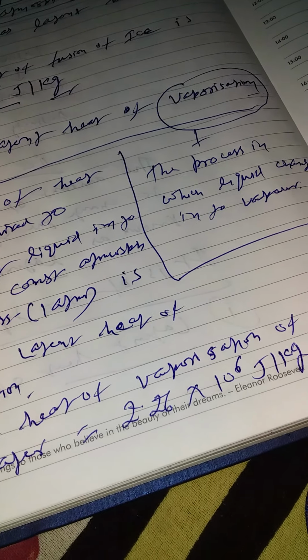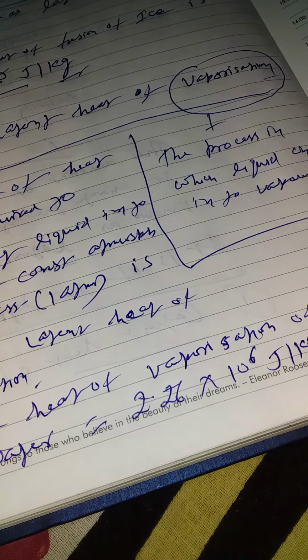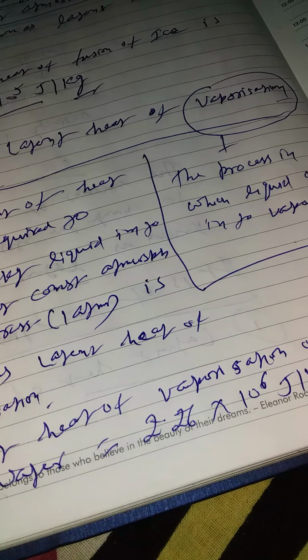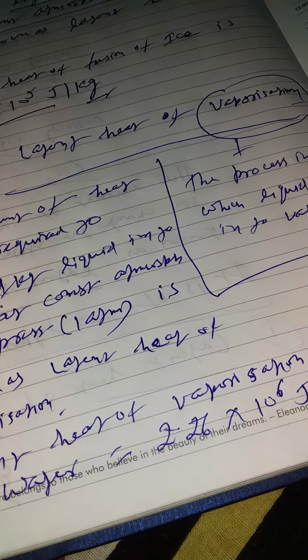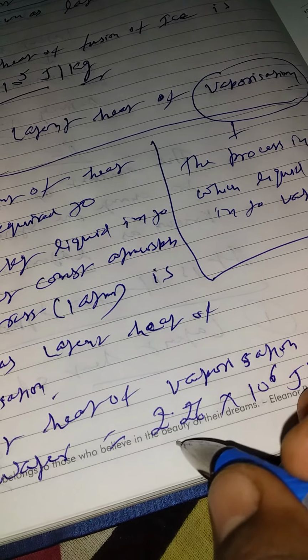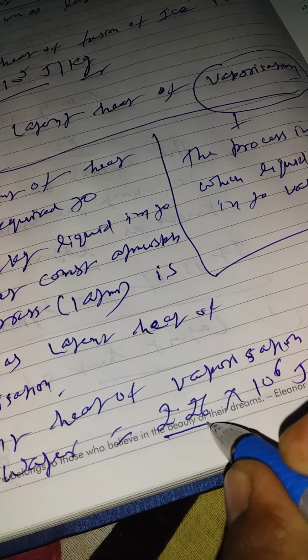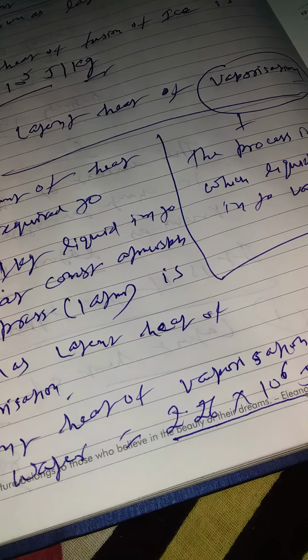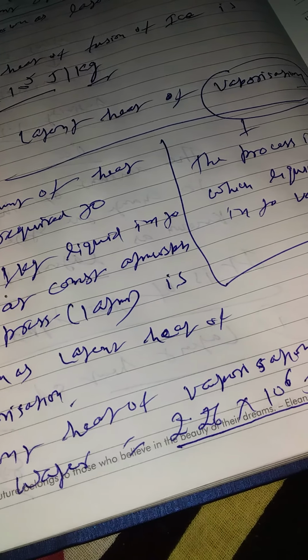That means when 1 kilogram liquid water converts into its vapor form, the hidden heat required is 2.26 into 10 to the power 6 joule.